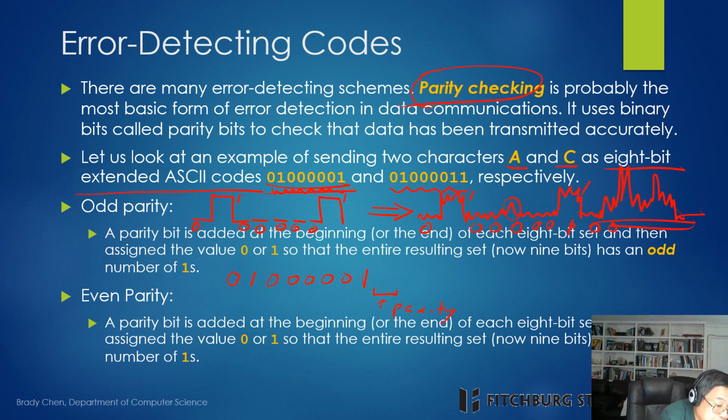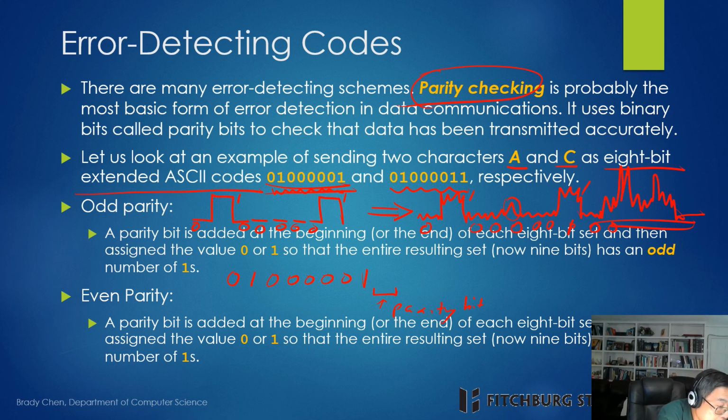You can add the parity bit at the beginning or at the end. Either way, it should be okay. So now on the transmission side, you're going to add the value of the parity bit, either 1 or 0, depending on the type of parity checking.